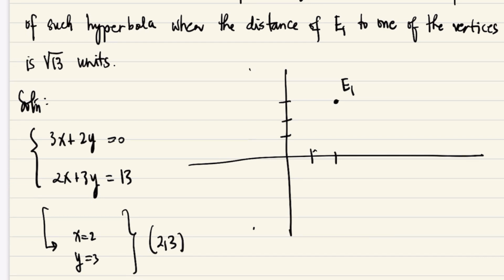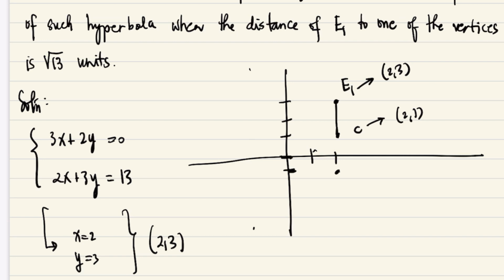So if it's 2 units above, technically this one here is the center. So the point here is (2, 1), because this one here is (2, 3). Okay. So I know already that this is the conjugate axis, so 2 units here and another 2 units here.